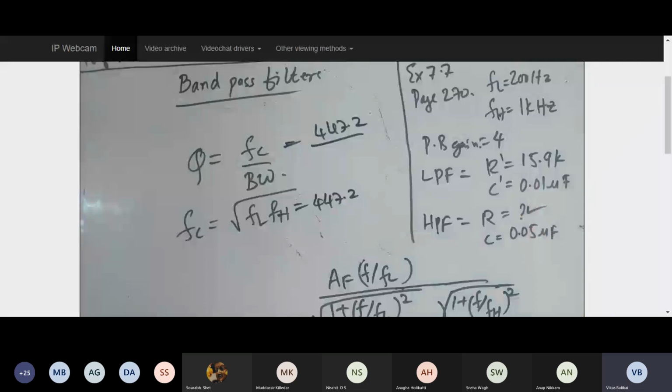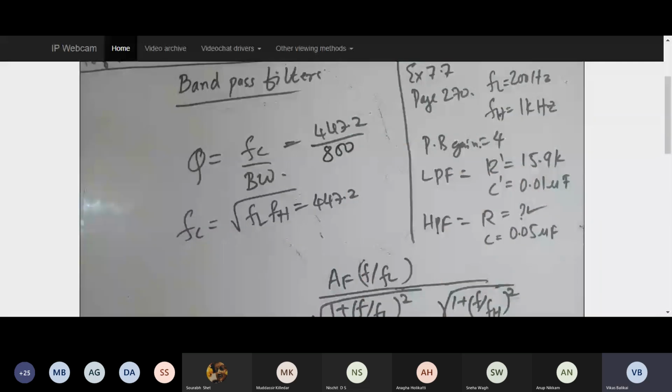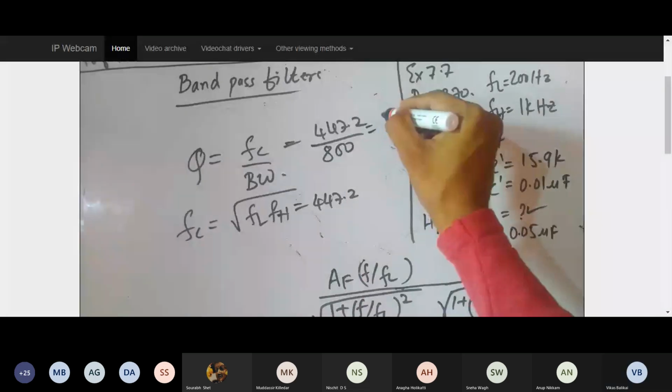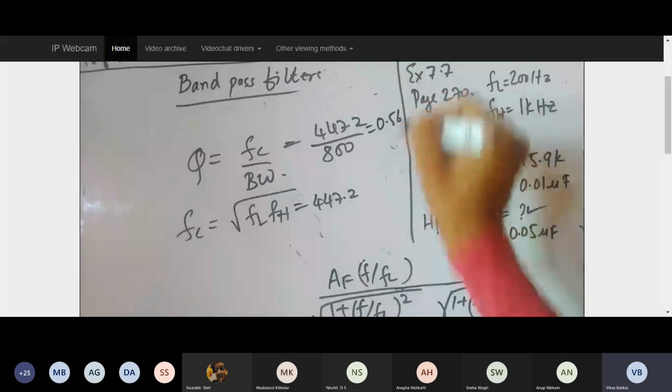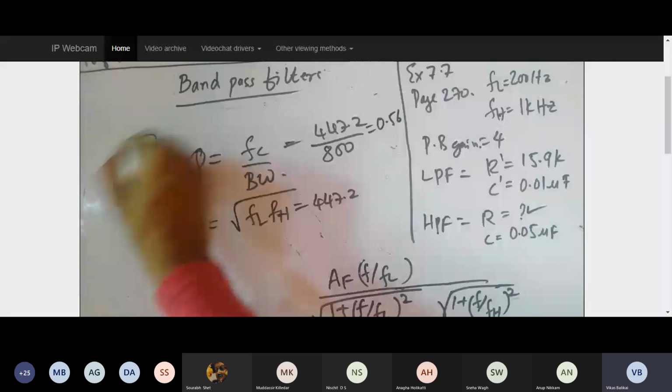That is nothing but your 800 hertz. And if I do the division, obviously it would lead to a value around 0.5, exactly half. So I'm going to get the value as 0.56. And as expected, Q is less than 10, and this is a wide band filter as given in the problem.